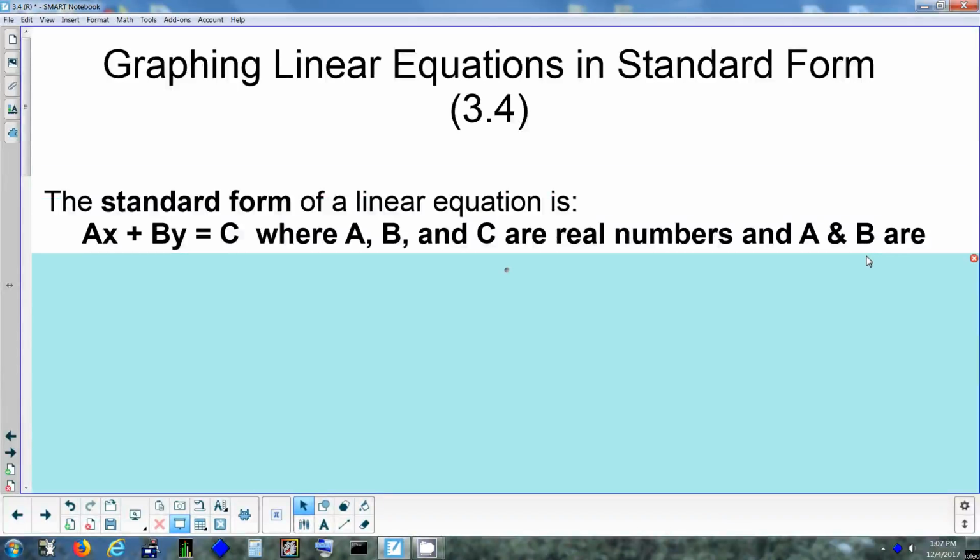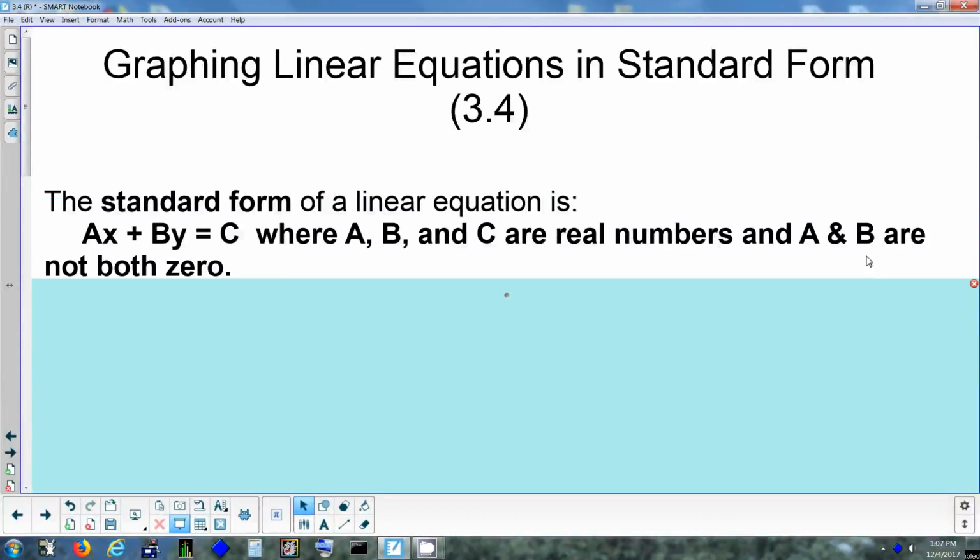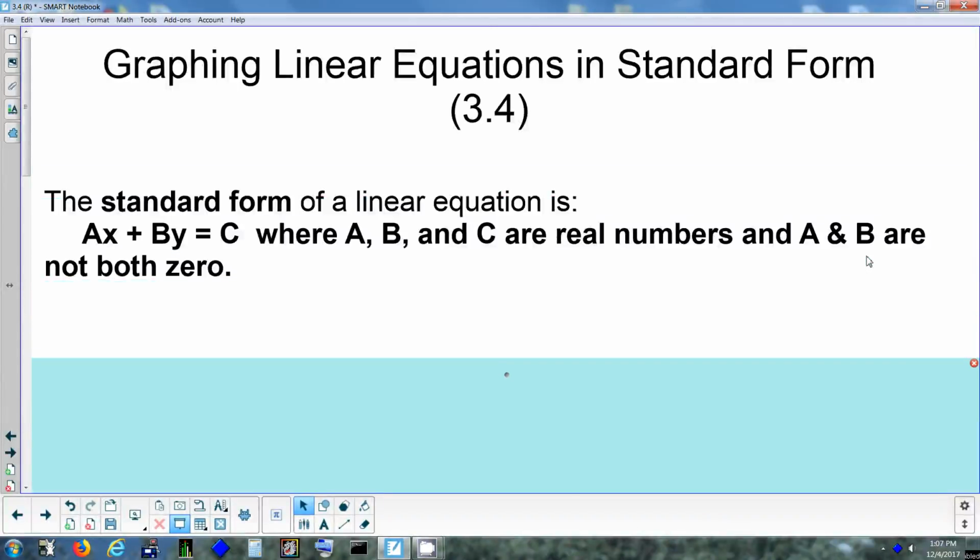On your notes, it says the standard form of a linear equation looks just like this. When you have an actual problem, the a, the b, and the c will all be numbers. Here's an example of an actual problem.